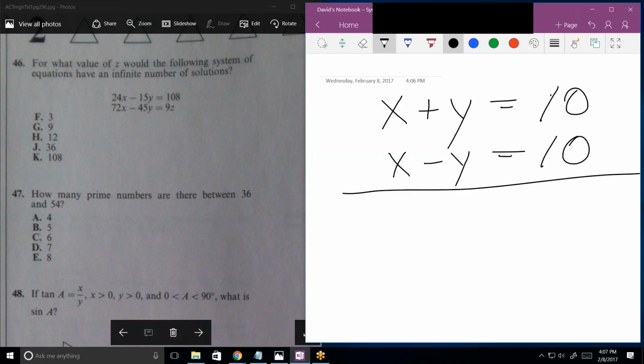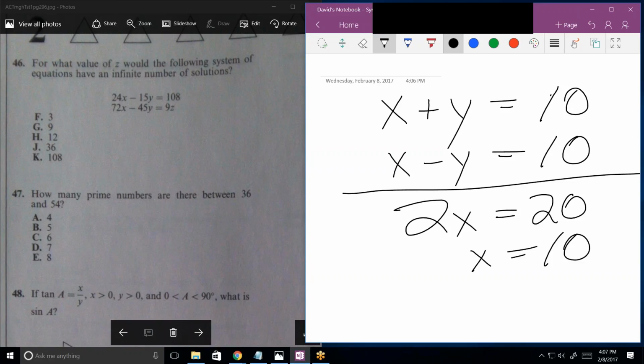How would you solve those two simultaneous equations? I would maybe subtract them or add them. If you add them, the y disappears. If you subtract them, the x disappears. Well, let's add them. Adding is always better than subtracting. x equals 10.